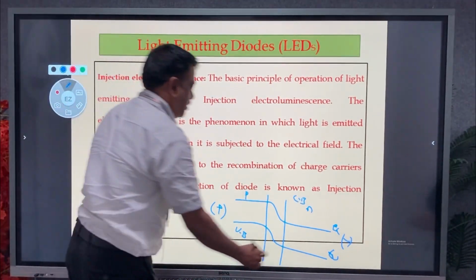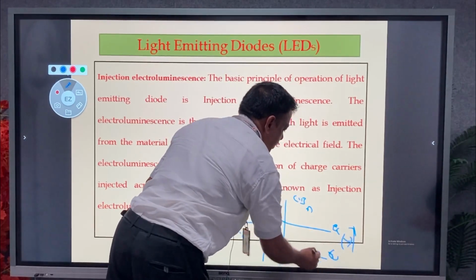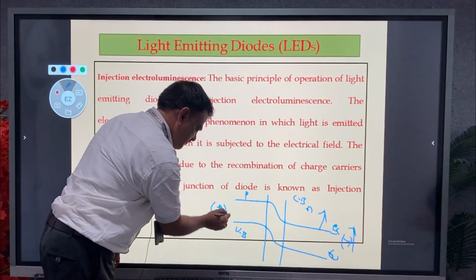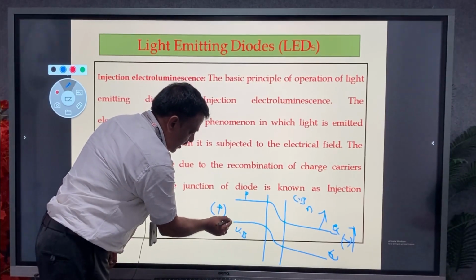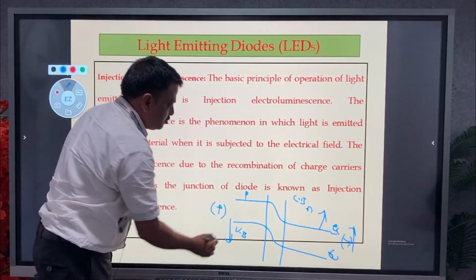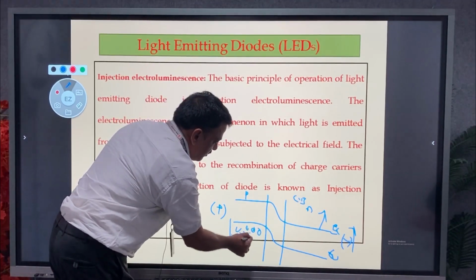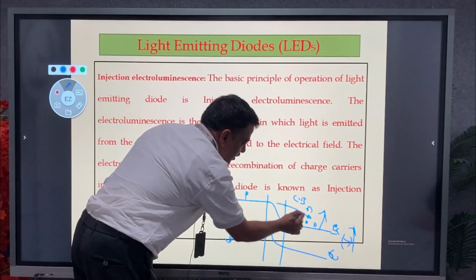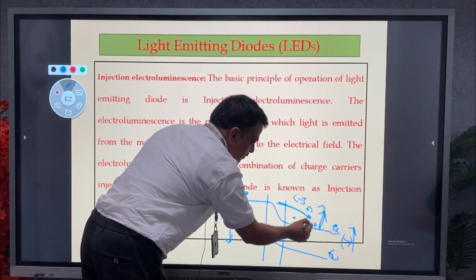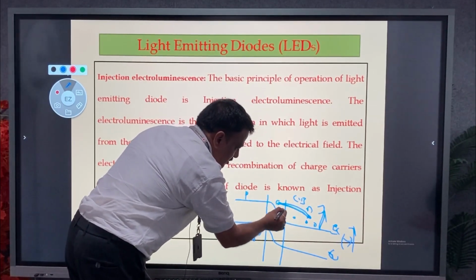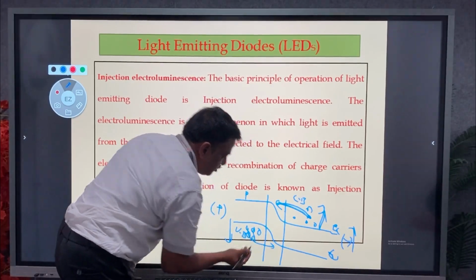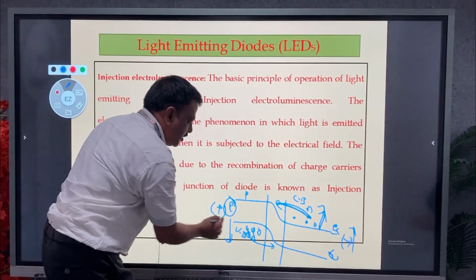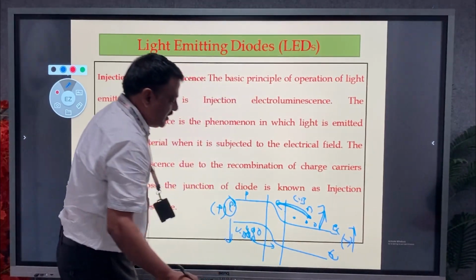When the biasing voltage is applied, the N side conduction band moves up and the P side valence band moves downwards. So the electrons from the conduction band on the N side are injected to the junction, and the holes are injected to the junction region. So when the current is passing, the carriers are injected into the junction.